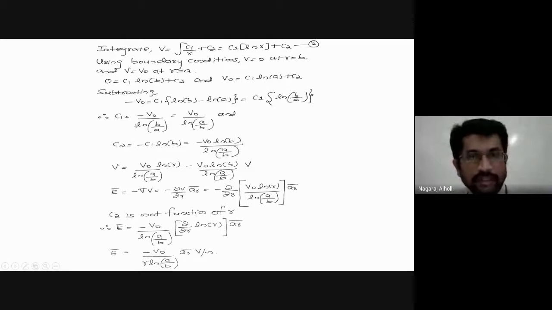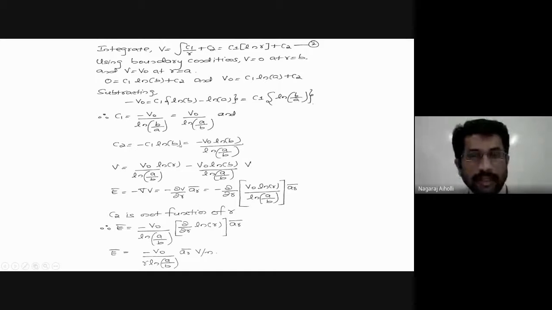Therefore, C1 is given by minus V0 divided by ln of b by a. If I rearrange the terms, I get C1 equal to V0 divided by ln of a by b. Here there is a negative sign, ln b minus ln a. If I want the positive sign, I multiply with minus 1, so that it will be ln a minus ln b, or ln of a by b.